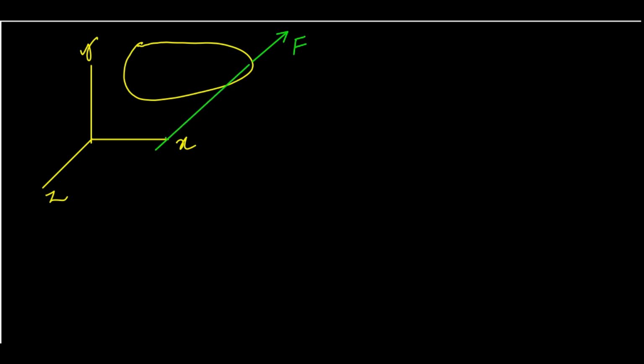A body in 3D space. We have X, Y, Z, and then there is a body like that, and there is a force acting, let's say, in some direction, F, on the body, along that line.